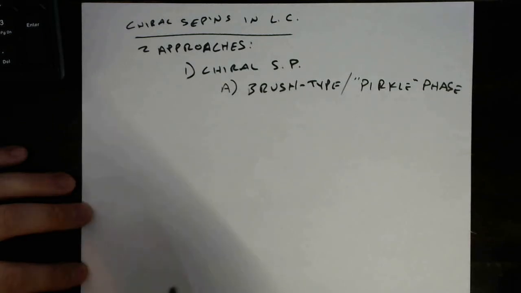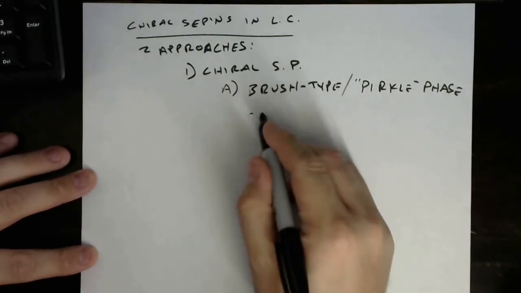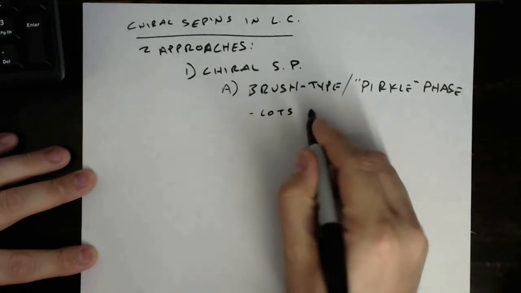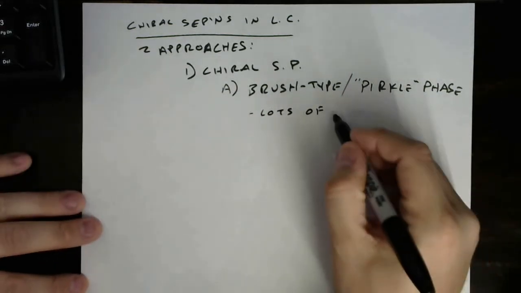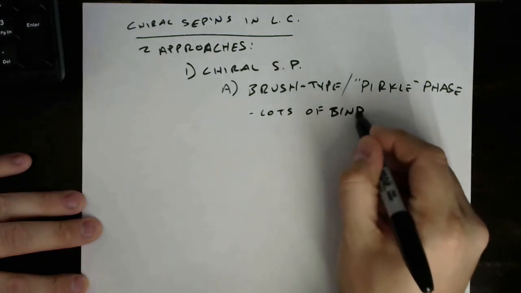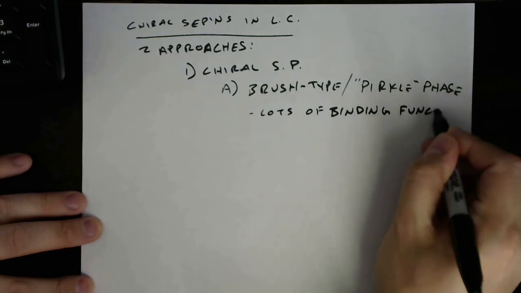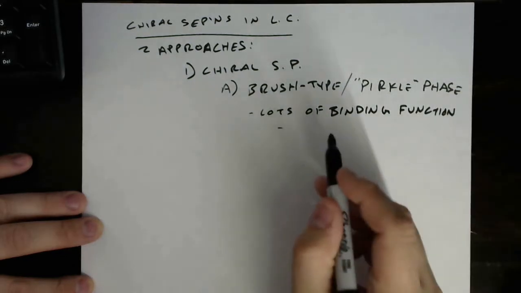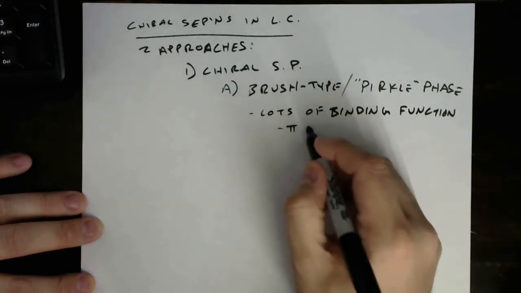So just to summarize on these Pirkle type phases, we're looking for basically lots of binding functionality. That is, opportunities for pi stacking.